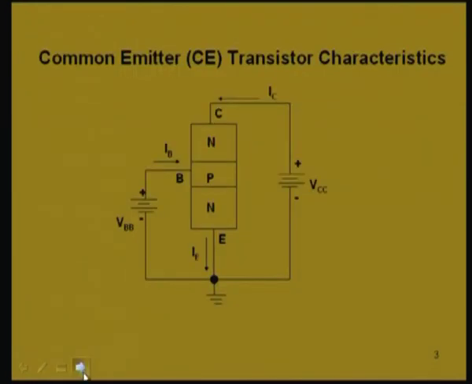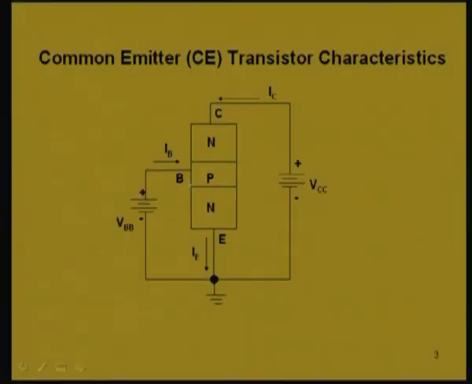Now, another type of transistor configuration which is very useful in amplification is the common emitter configuration. As we discussed, common emitter means the emitter is common to both the input and output circuits.